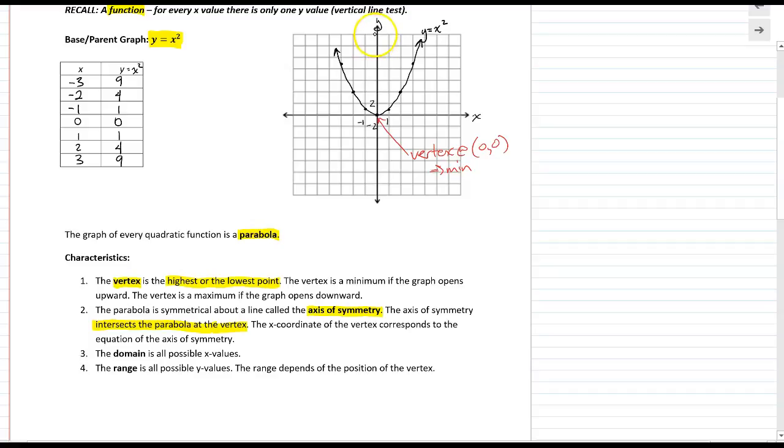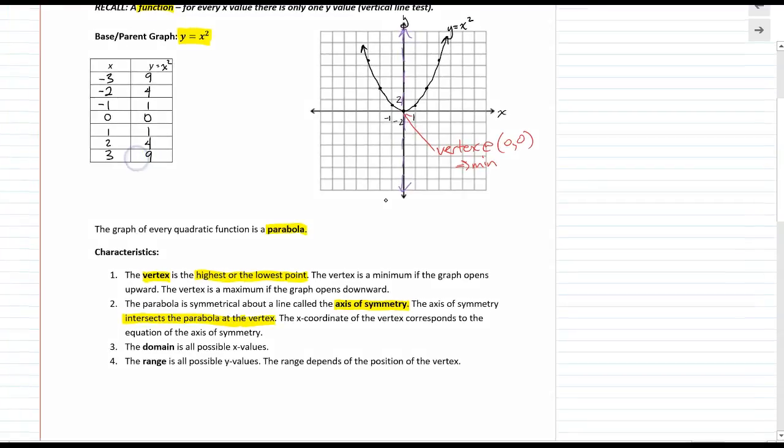So the axis of symmetry is literally if we took a mirror and put it down so that it cuts through our vertex at the x value, that is my axis of symmetry. And so in this particular case, it's always got an equation because it is a line.